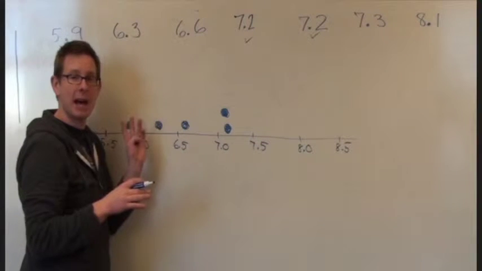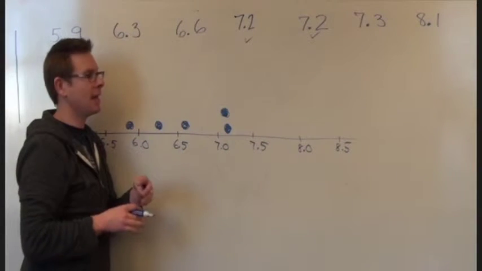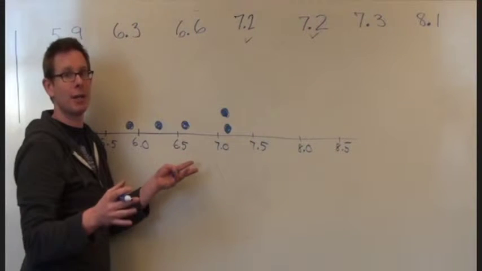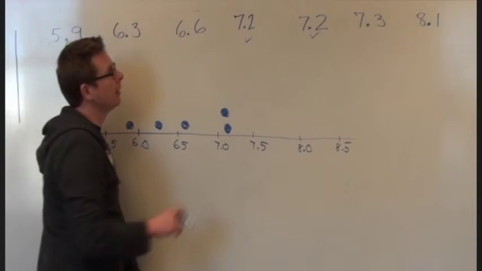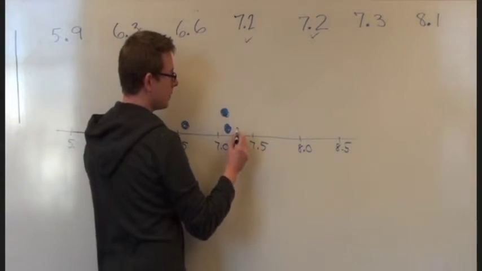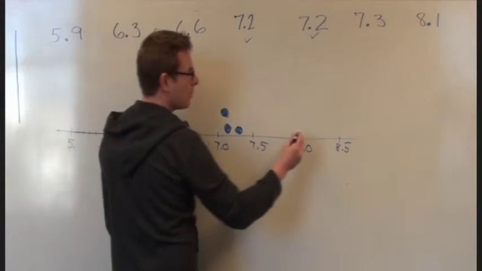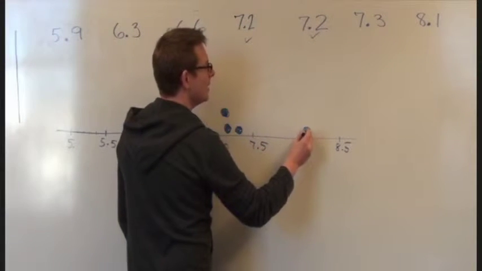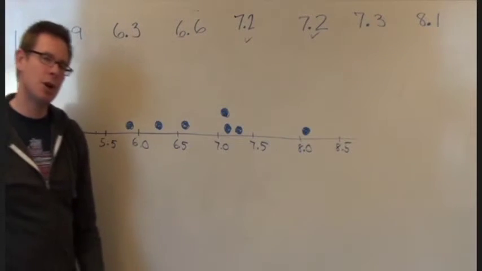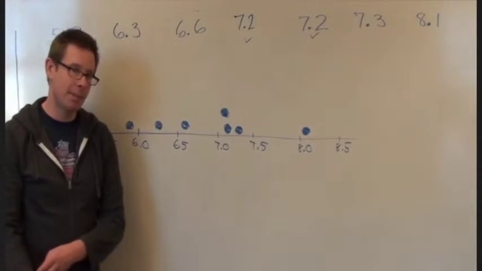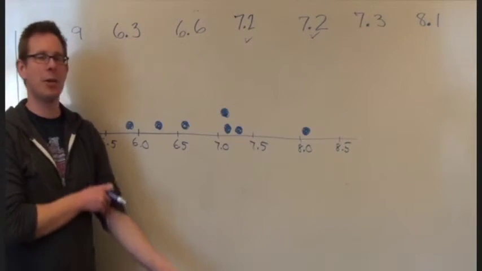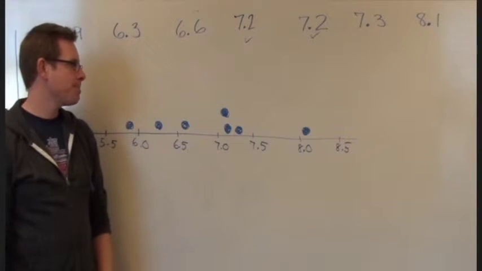In a second, I'm going to add a bunch of other numbers to this and show you something that's a major concept that we're going to see all down the line. But let's get the other two down here, 7.3, 8.1. So the problem with dot plots is if you don't have a lot of data, if you only have 7 numbers, it doesn't tell you that much information.